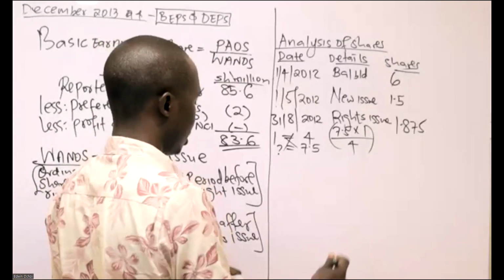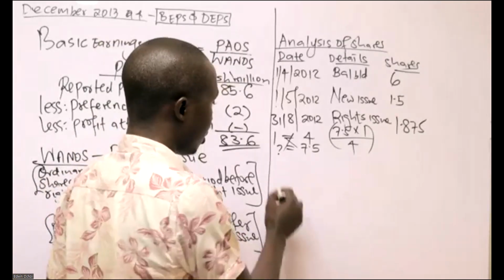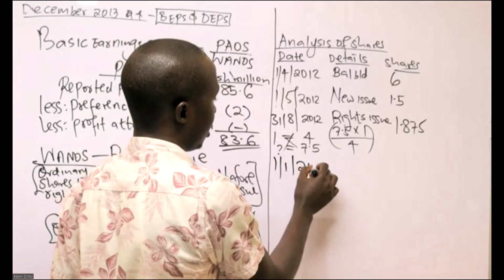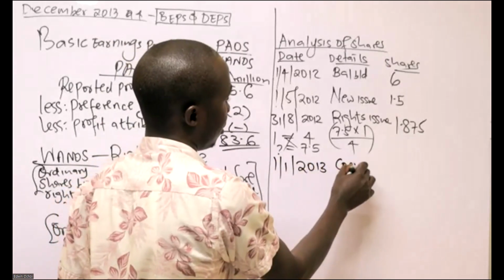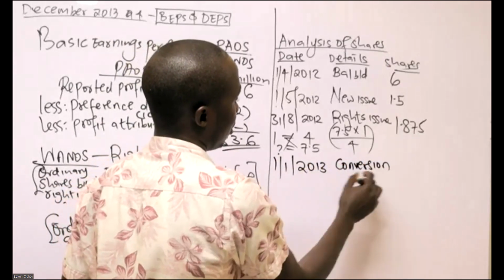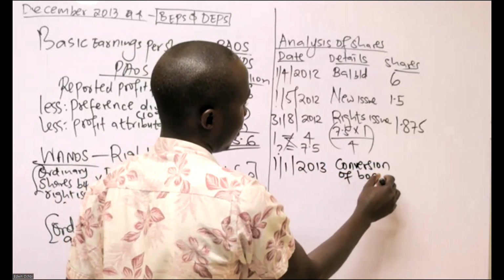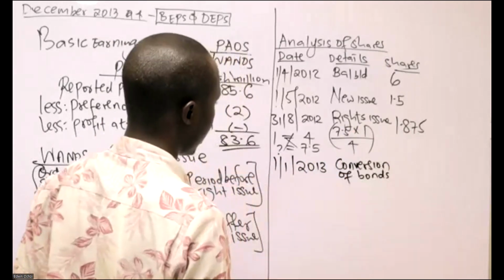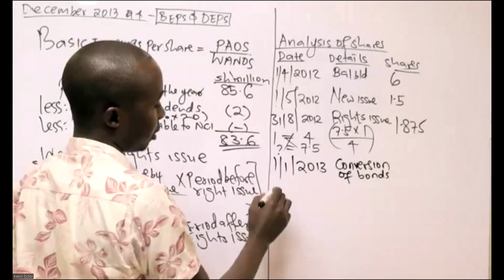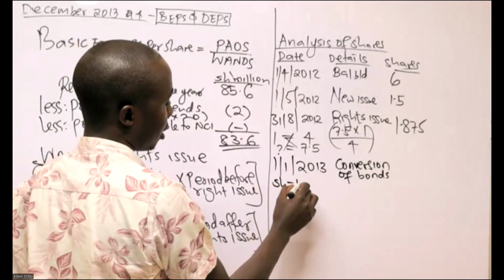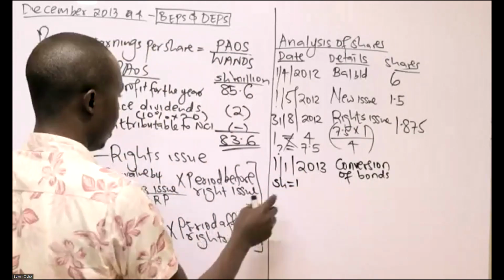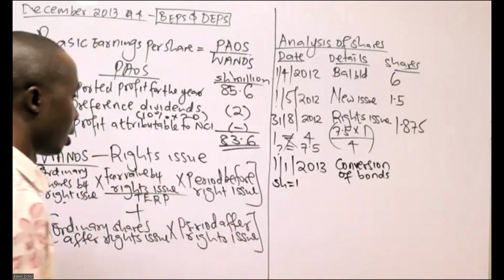So the date was 1st January 2013, conversion of bonds to ordinary shares. In which proportion did they convert?